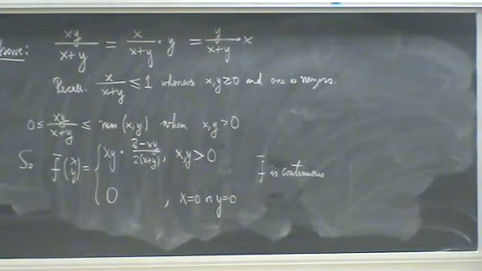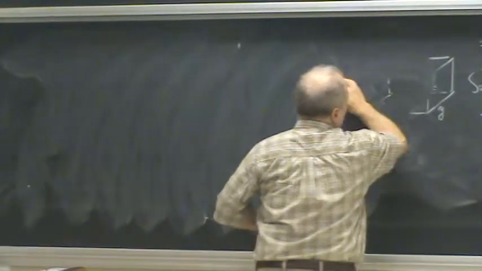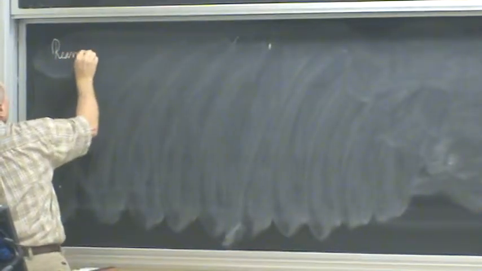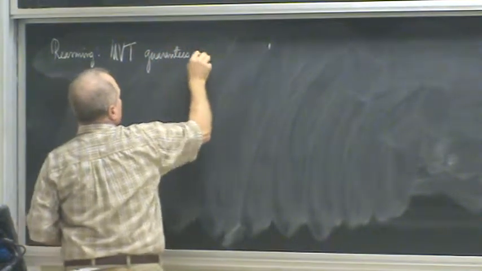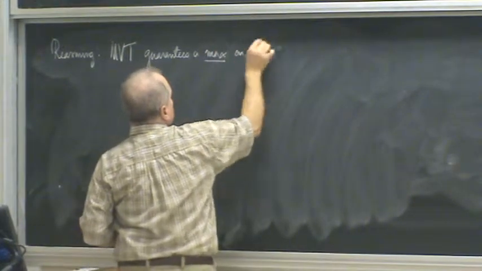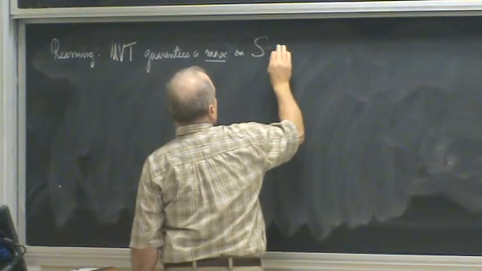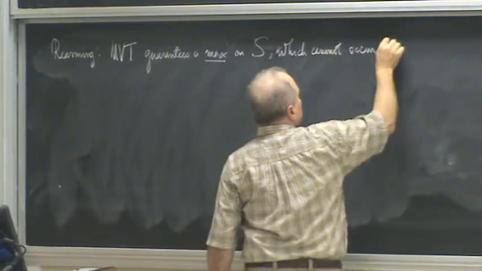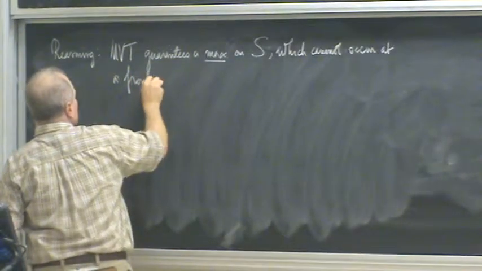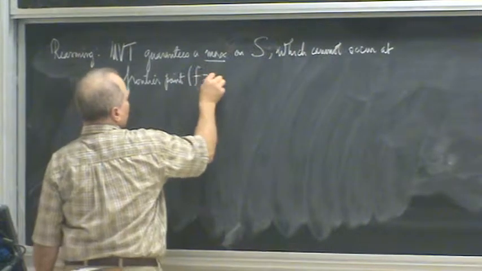The reasoning is: we are guaranteed by the maximum value theorem a maximum on the set S. We've reasoned that it cannot occur at a frontier point, the reason being that f is 0 on the frontier.